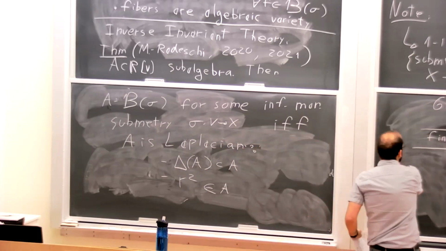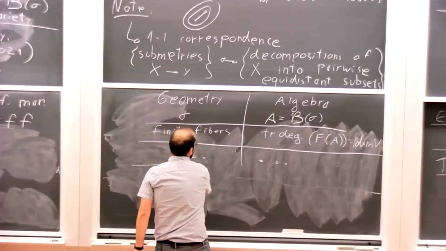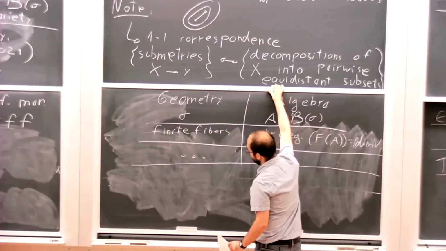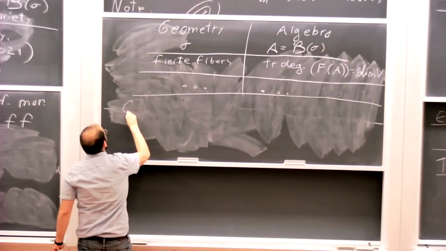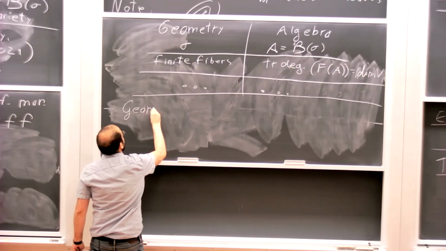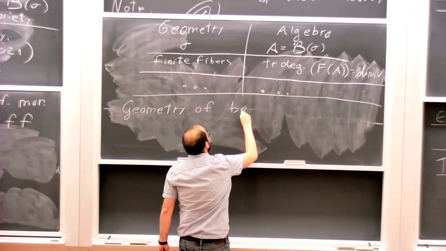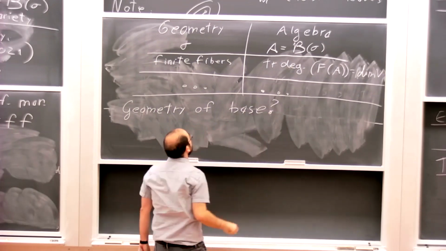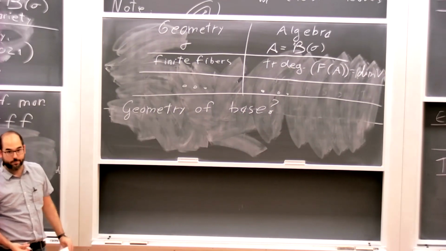This is a program that can go on for a long time, but it's another example. What other geometric question can you ask, besides the fibers being this or that? What's the geometry of the base?